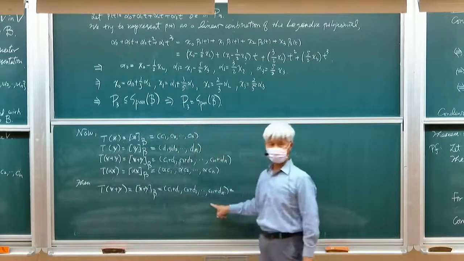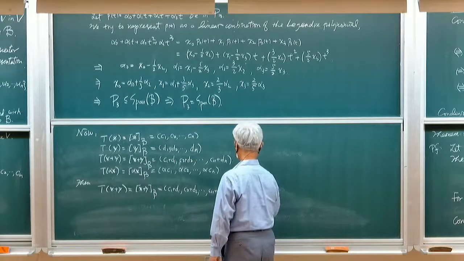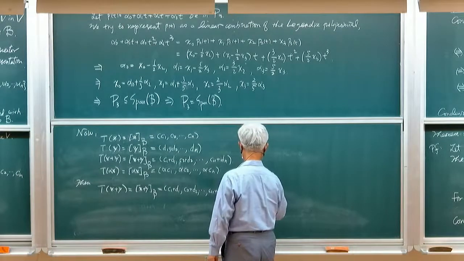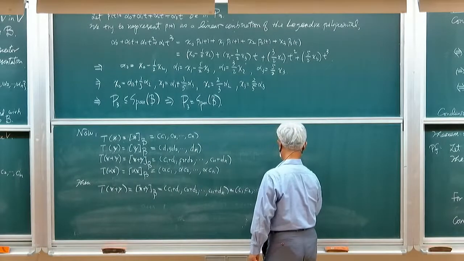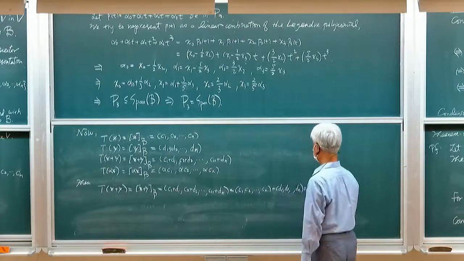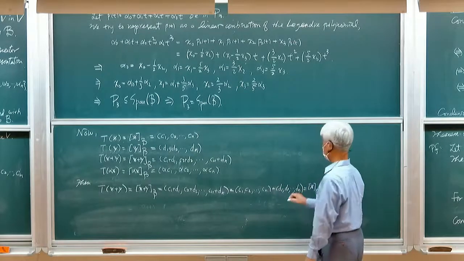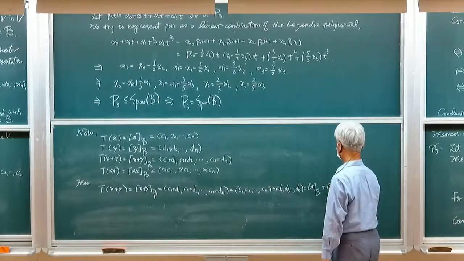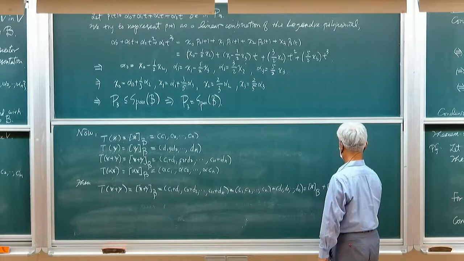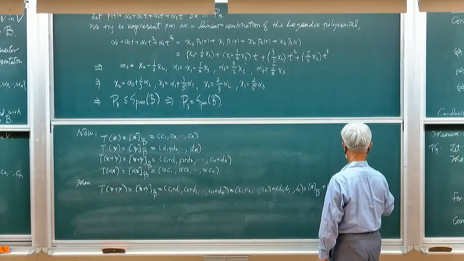So this column vector is the sum of two column vectors. Okay, and this is the coordinate vector of x plus the coordinate vector of y. So this is T of x plus T of y.